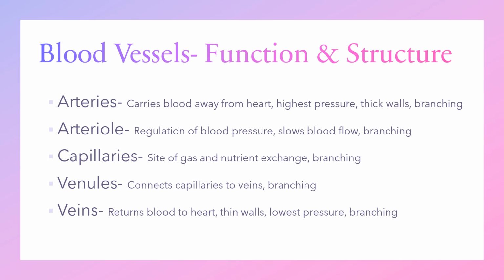Next we have veins. They have thinner walls compared to arteries with a larger lumen, the central cavity through which the blood flows. Like arteries, they consist of 3 layers. Many veins, especially in the limbs, contain one-way valves that prevent the backflow of blood.